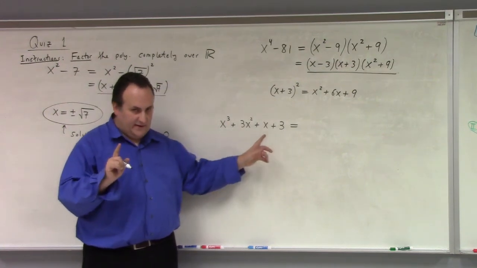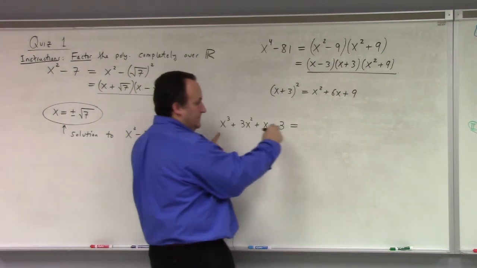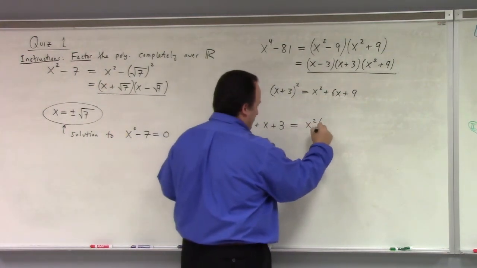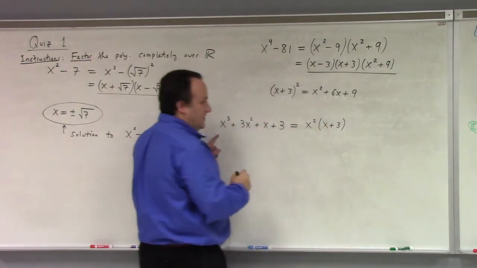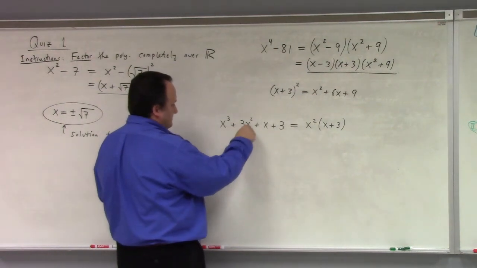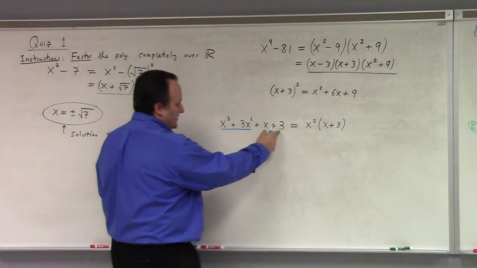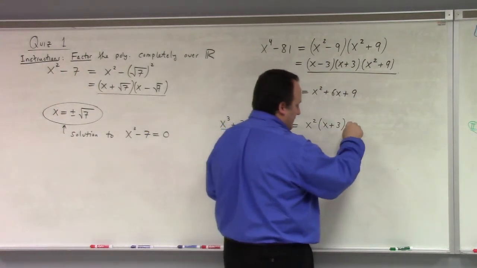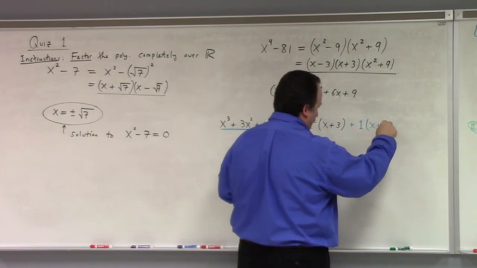Now you got the right idea though, that's kind of in the right direction, because we can factor x squared out of these two terms. So x squared times x plus 3 there, right? That's just the first two terms. See that? Then use your imagination. X plus 3 over here is really 1 times x plus 3, right?